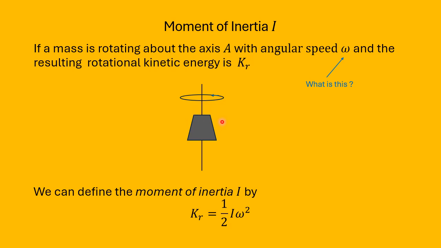And if you have a mass moving with a certain velocity, we can define an energy associated with that motion. We would add up all of the kinetic energies for all of the particles making up this mass that are rotating around this axis. We will then say that the moment of inertia I is defined by this equation: the kinetic energy of this mass is going to be 1/2 I times omega squared.